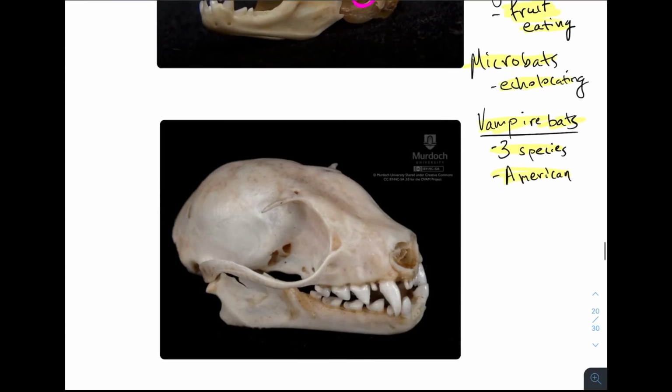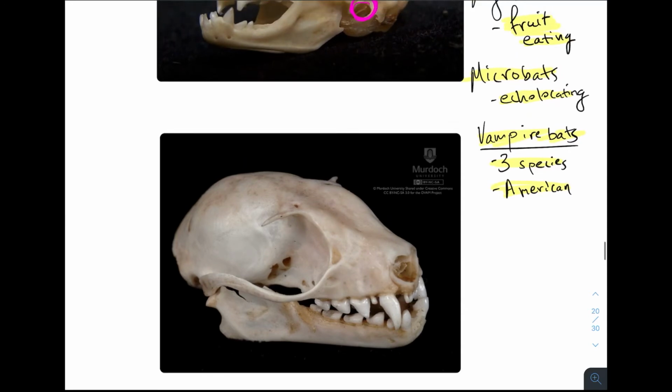The picture on the bottom, on the other hand, shows us the megabat. And here with the megabat, these are fruit bats, so these are not vampire bats. And what we notice here is this very large, big eye socket. So it's not true, for example, that all bats are echolocating, right?